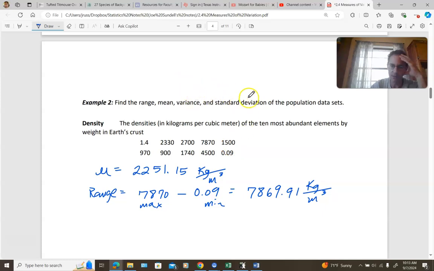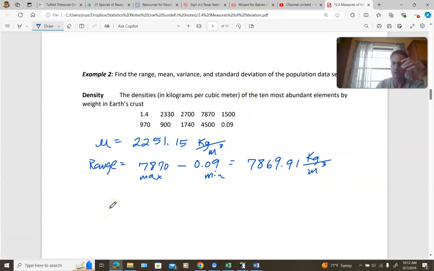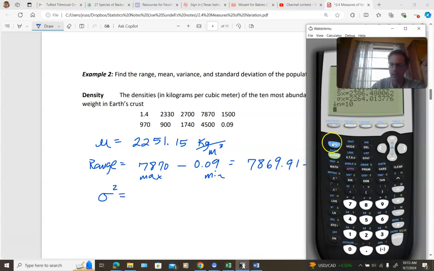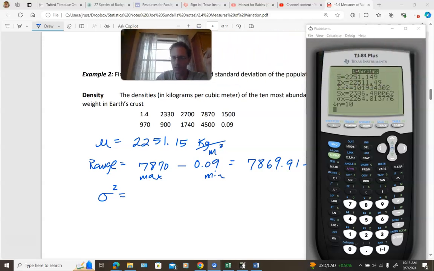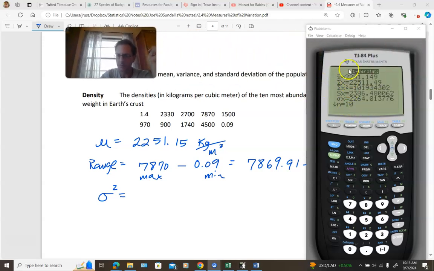Okay, now what about the variance and the standard deviation? Because we're pretending that this is a population, the variance would be denoted this way, sigma squared. And guys, if you look here, so we got X bar. It'll give us the sum of the X's. It'll give us the sum of the X squareds. This is something called the sum of the squares.